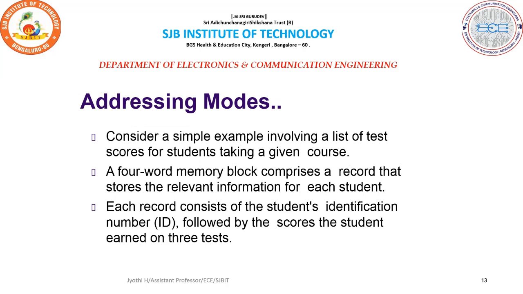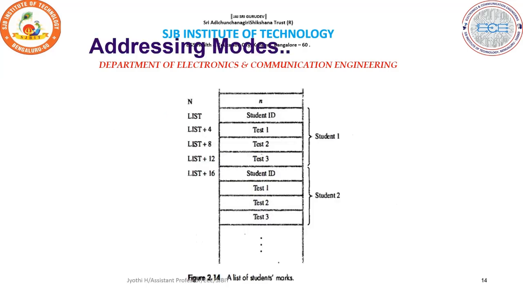Consider a simple example involving a list of test scores for the students taking a given course. A 4-word memory block comprises a record that stores the relevant information for each student, each record consisting of a student identification number, ID, followed by the scores the student earned on 3 tests. So this is the diagram.